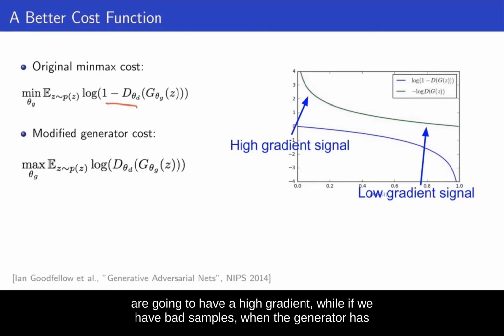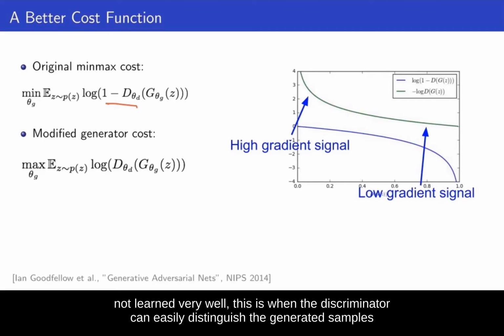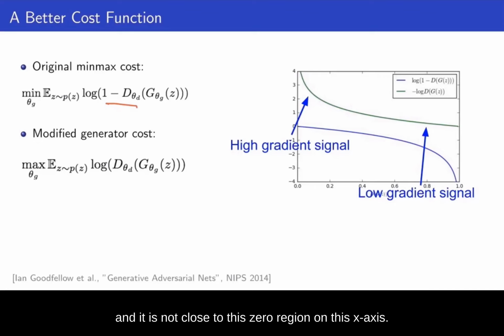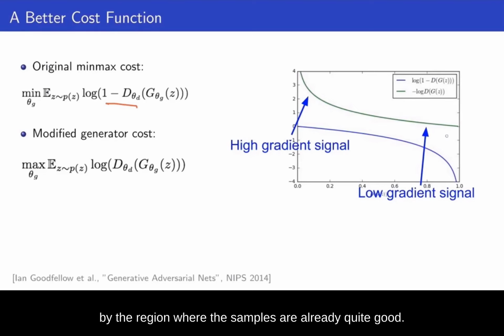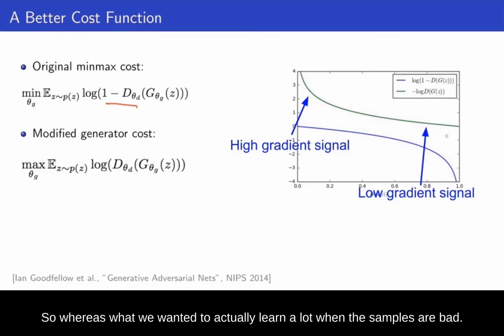While if we have bad samples, when the generator has not learnt very well, this is when the discriminator can easily distinguish the generated samples, and it is not close to this 0 region on the x-axis. So here the gradient is relatively flat, which means that the gradient signal is dominated by the region where the samples are already quite good. Whereas we wanted to actually learn a lot when the samples are bad.